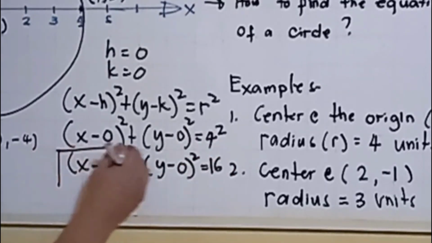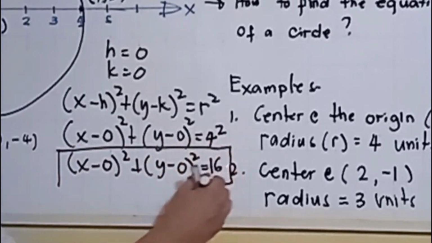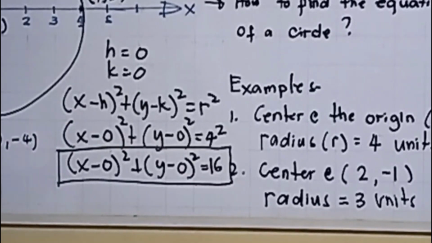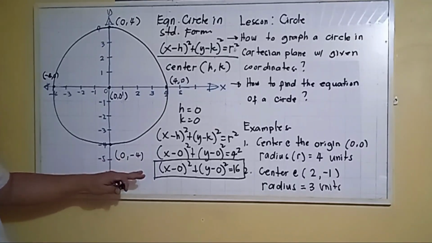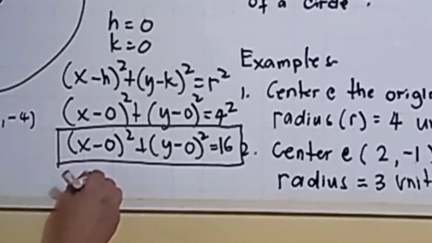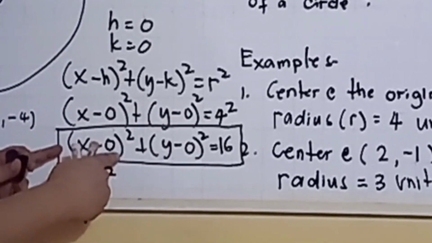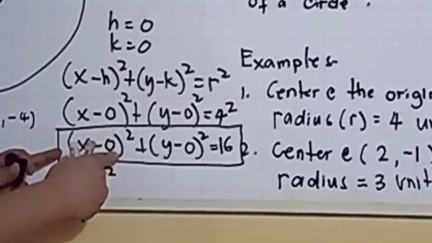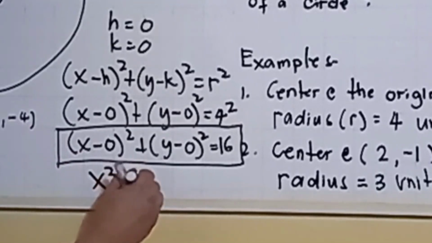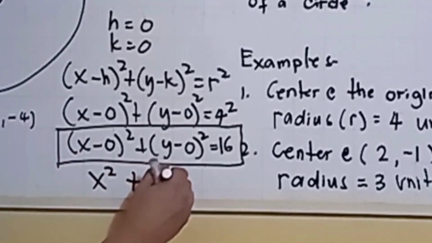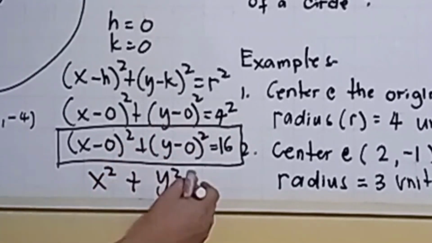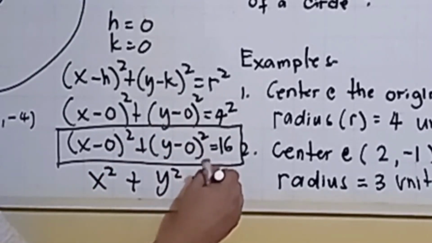So, ito yung equation of the circle in standard form. Kung titingnan natin yung x minus 0 square, it is simply like x square. Sinimplify natin ito, so x square plus, ito naman magiging y square na lang, kasi y minus 0 square is y square, is equals to 16.